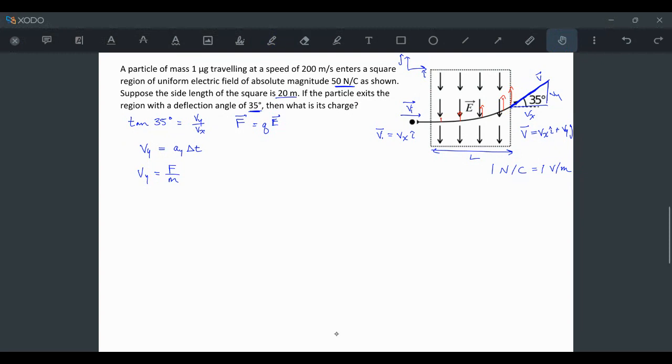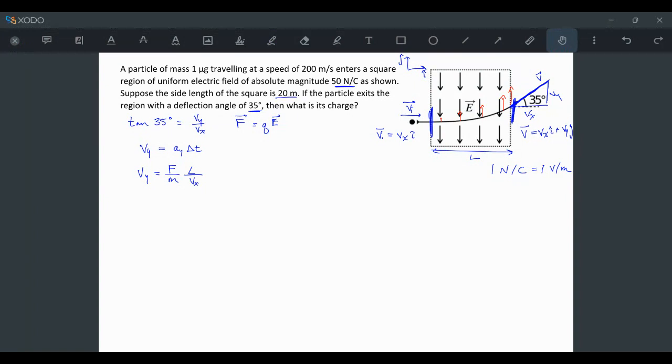Because it enters on a vertical side and leaves on a vertical side, this is determined entirely by how fast it's moving in the x direction. In other words, it traverses a horizontal distance L at a speed Vx, so it takes L divided by Vx amount of time to get through that region.